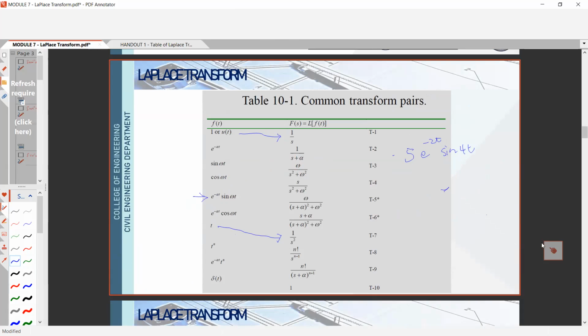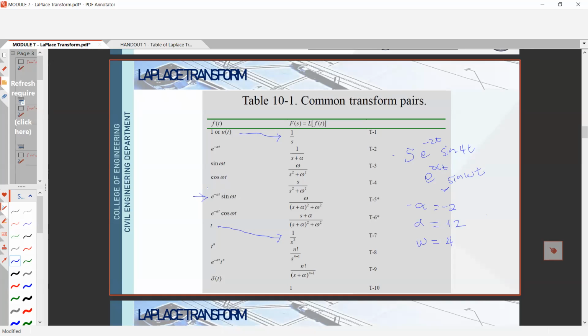Since kahawig siya ng e raised to negative alpha t sine of omega t, therefore negative alpha equals negative 2. Therefore, alpha is equals to positive 2, and omega is equals to 4.